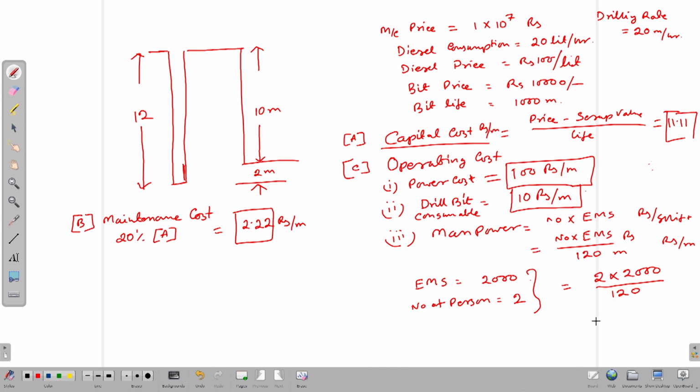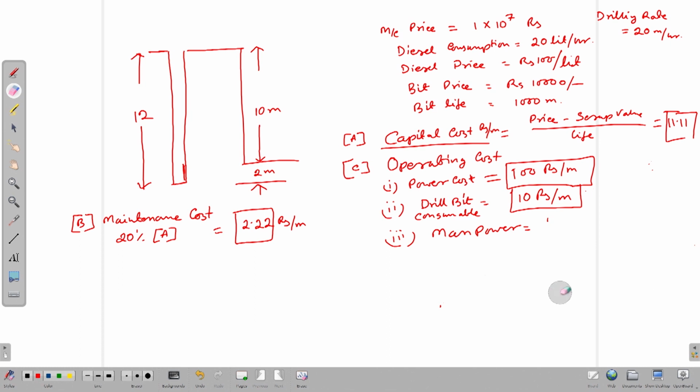So, that comes around 33 rupees per meter. Okay. So, now 33 rupees is the cost coming in the manpower head. Let us put it in a better way, 33 rupees 33 paisa per meter.